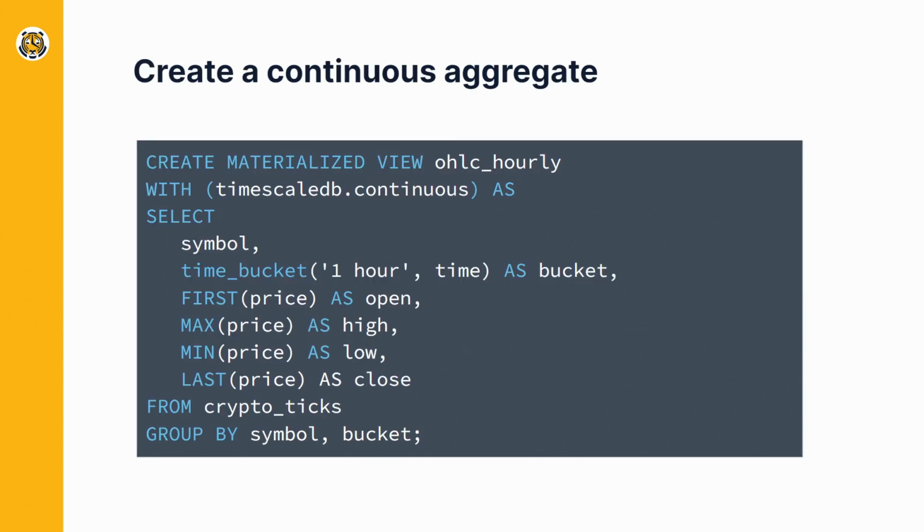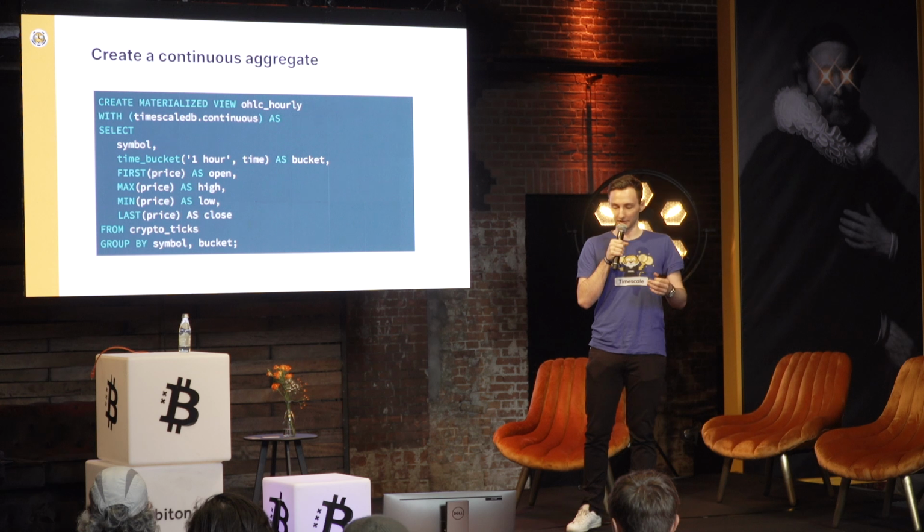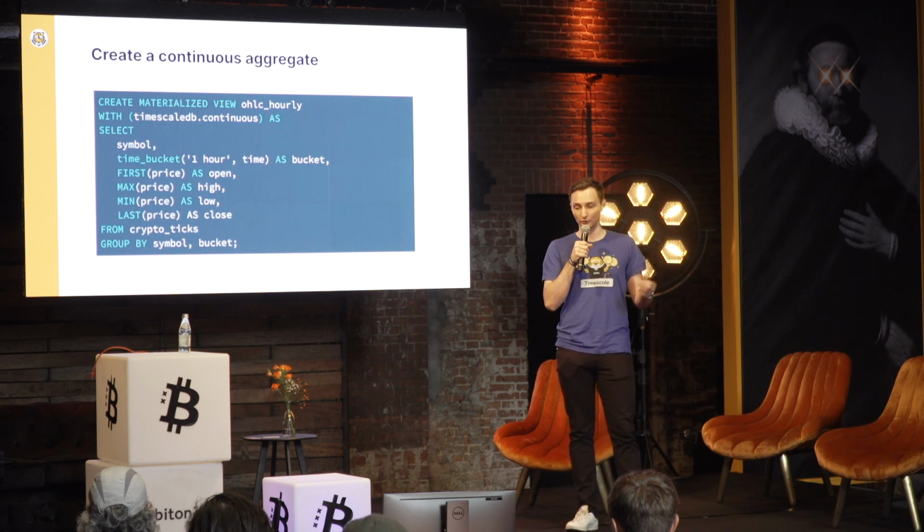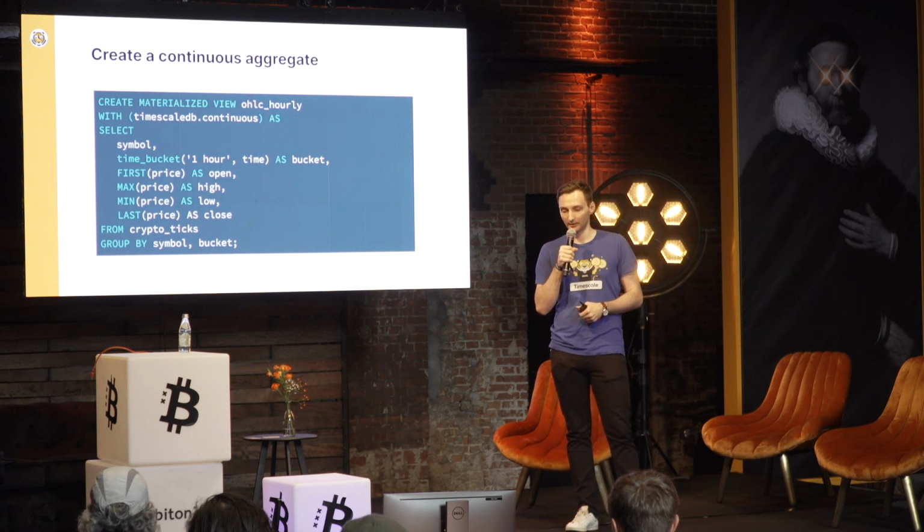And this is how you would create a continuous aggregate. As you can see, if you're familiar with materialized views, it's very similar. You need to use the create materialized view command with timescaledb.continuous, and then you can just define the definition of the view. In this example, this actually shows a candlestick aggregate.